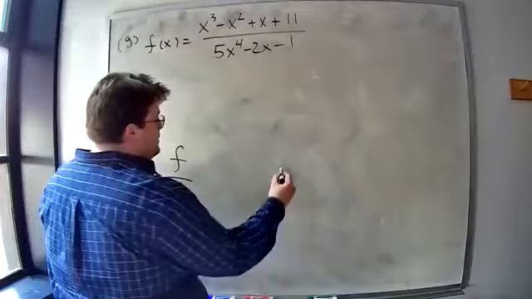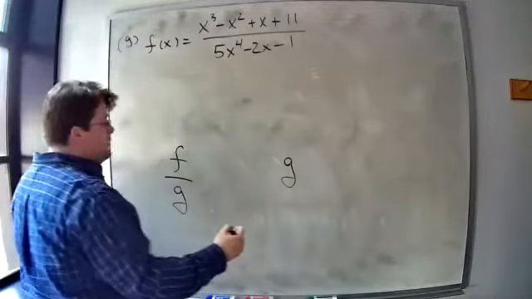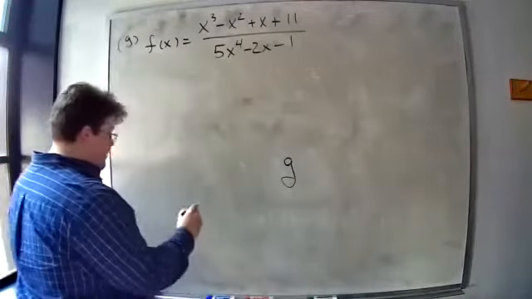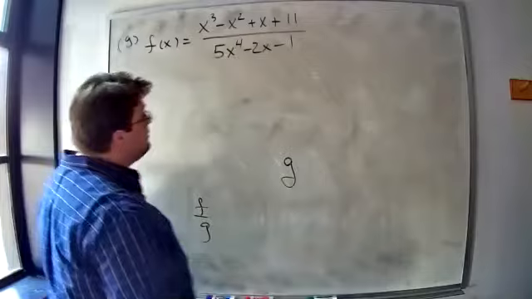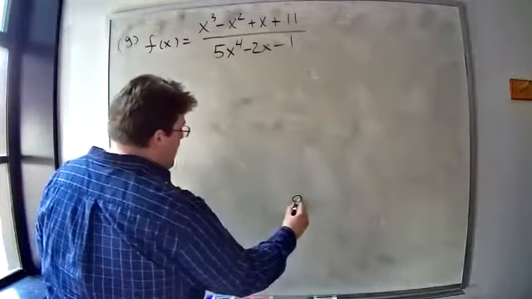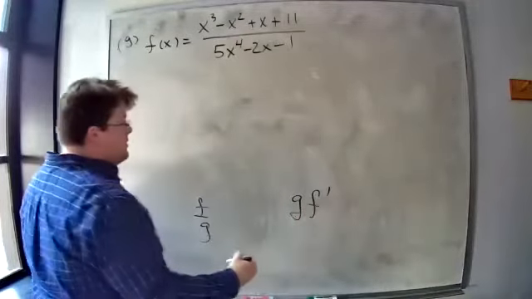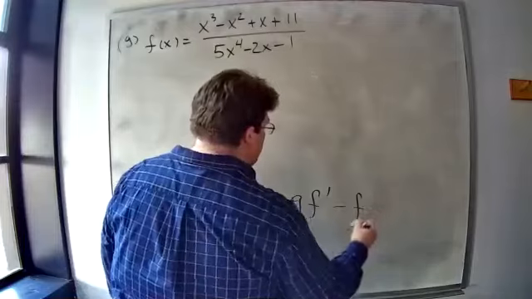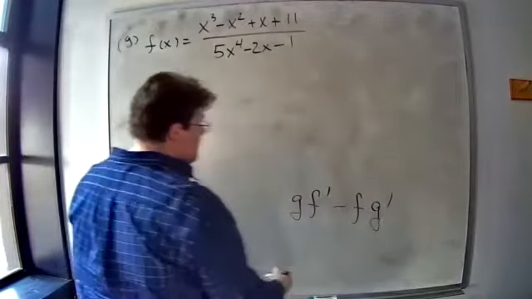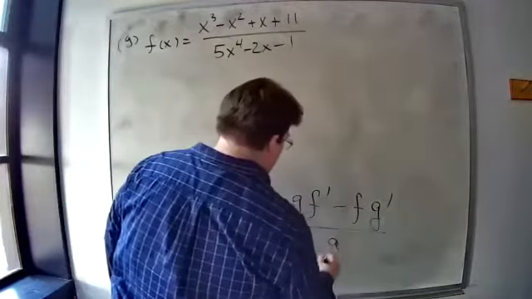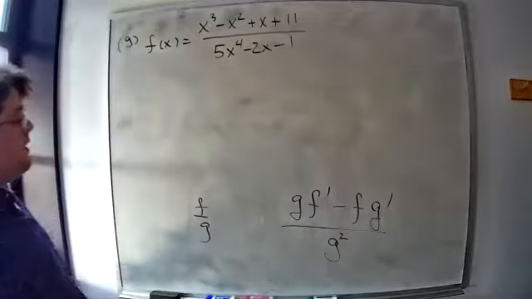Derivative of a quotient is given by the bottom times the derivative of the top minus the top times the derivative of the bottom all over the bottom squared.